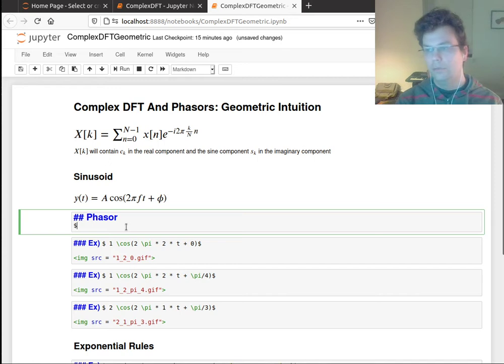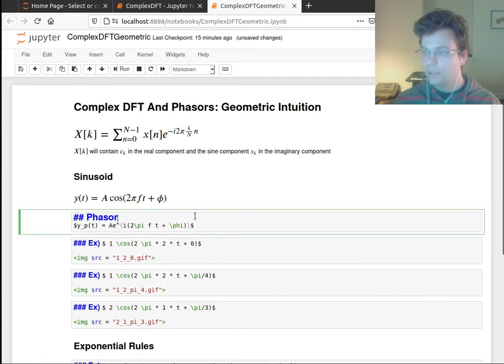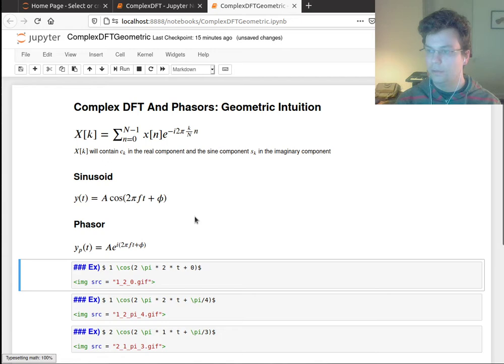I'll say y sub p of t, so for phasor, is equal to amplitude times e to the i quantity 2 pi f t plus phi. Okay, so this is what a phasor is defined as.